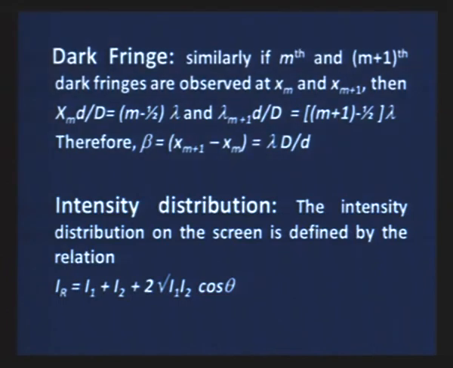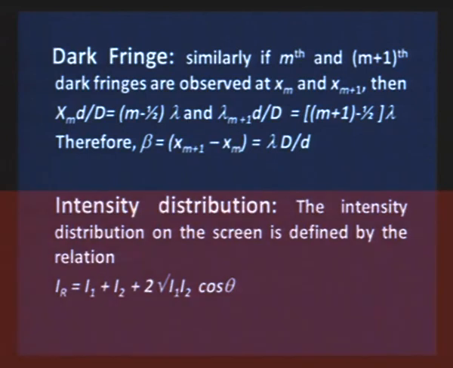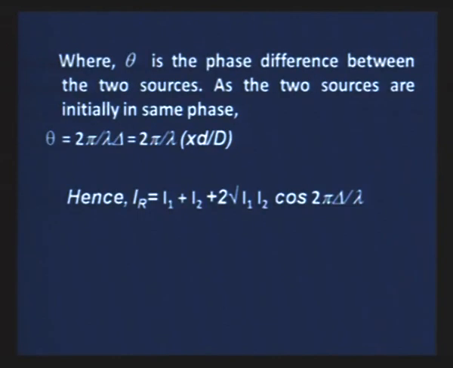Similarly, regarding the distribution of intensity, you can express it as I1 plus I2 plus 2 under root I1 I2 cos theta, where theta is the phase difference and it can be given in terms of path difference also.